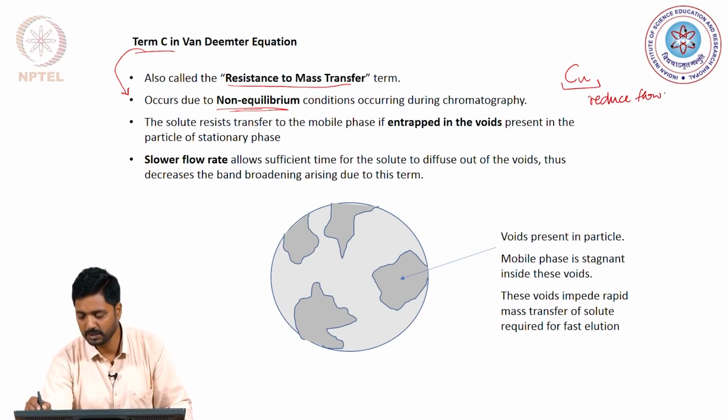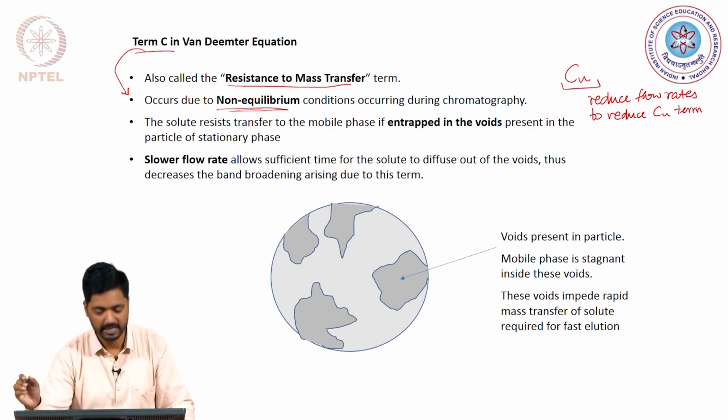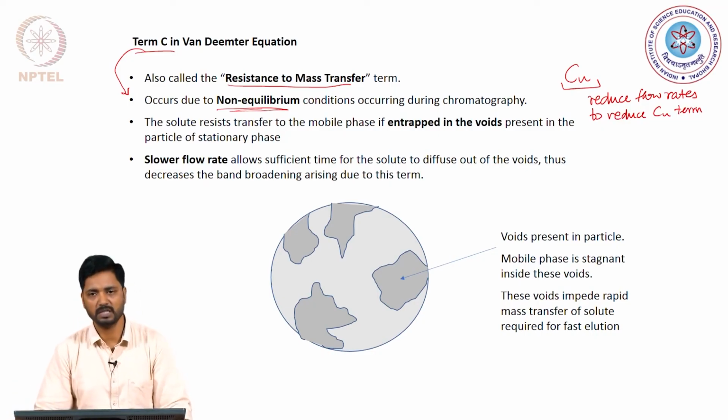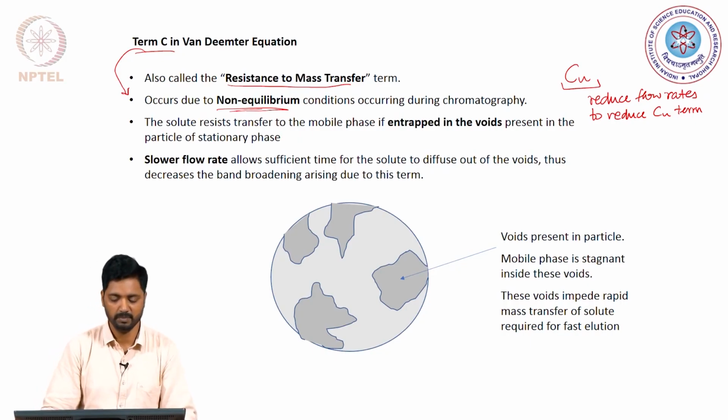So, we need to reduce flow rates to reduce the C into U term, the final term of the Van Deemter equation. Now, this is quite contrary to the previous term related to the longitudinal diffusion, where we wanted to flow the solute out at a very rapid pace, so that the longitudinal diffusion out of the band could be minimized.